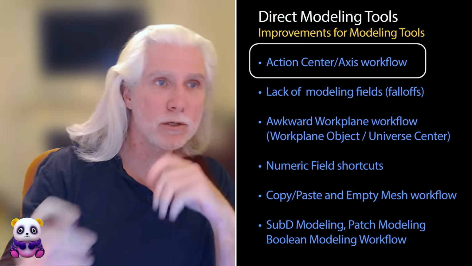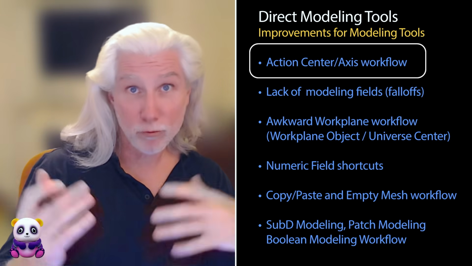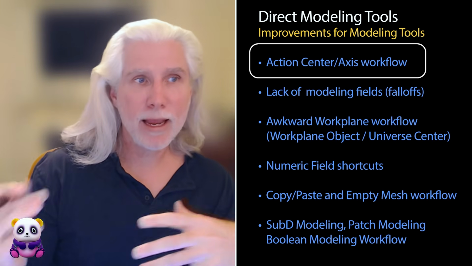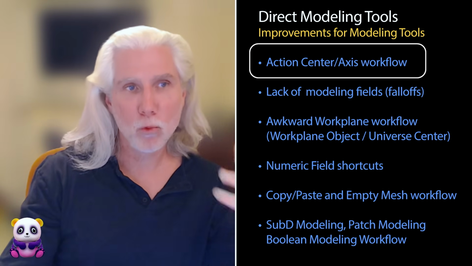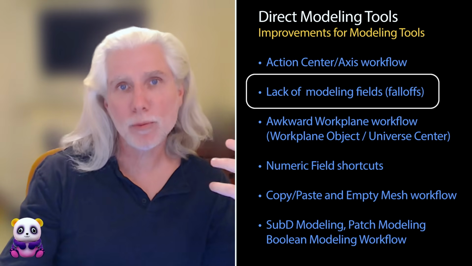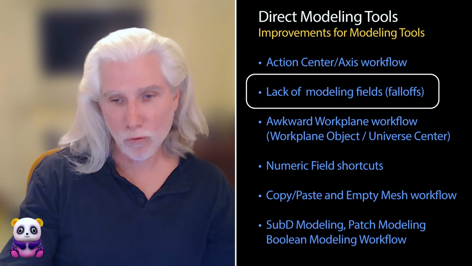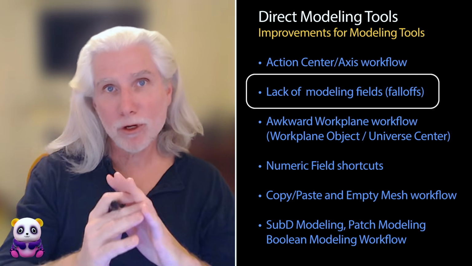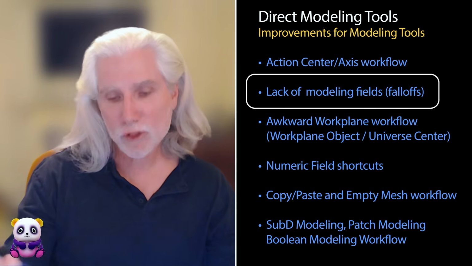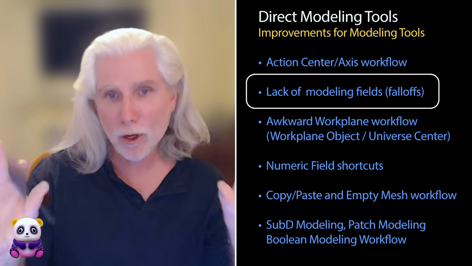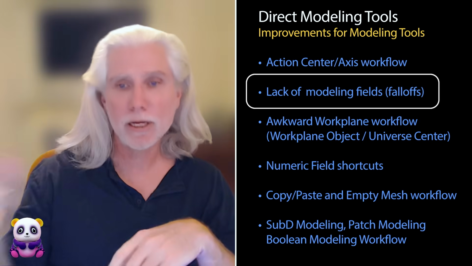And so action centers are incredibly important for modeling. And they're super powerful when you combine them with falloffs. And so a falloff in Modo is a field in Cinema4D. Fields in Cinema4D are the best part of the entire program, in my opinion. I love Cinema4D fields. They are primo, best in the industry.